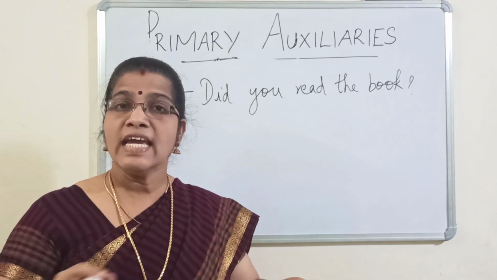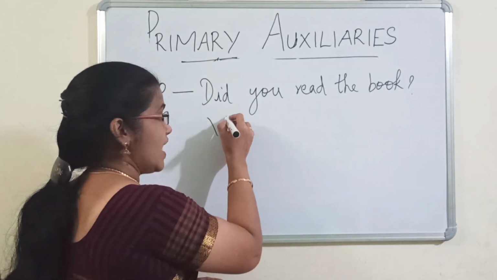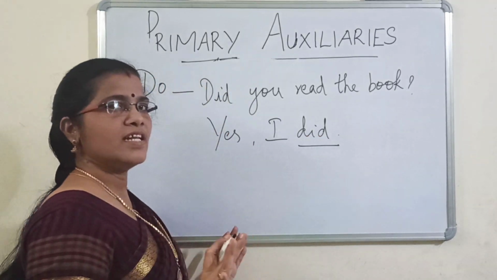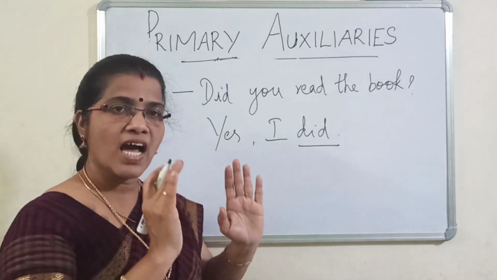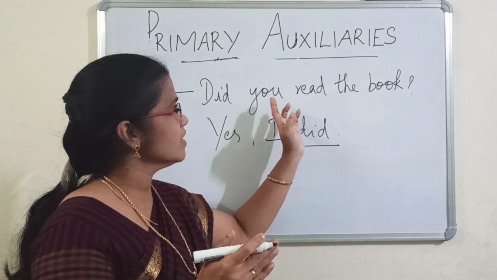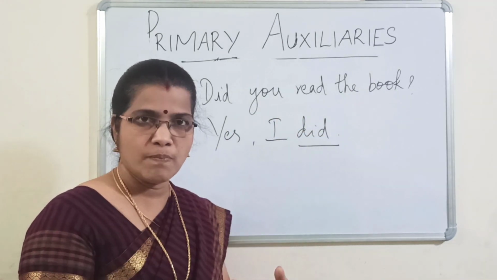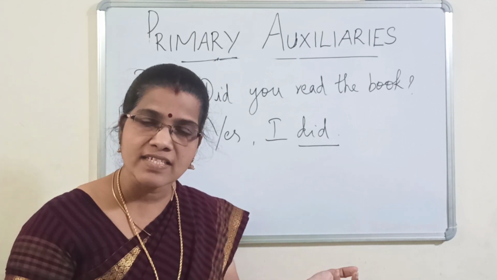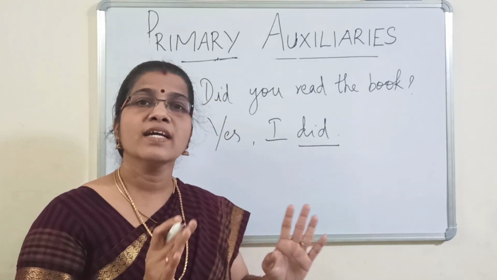Instead of using all these words, if you just say, yes, I did, that's enough. I have used did here to mean, yes, I read the book. So this stands for the entire thing. So I can avoid repetition if I say, yes, I did. Did you read the book? Yes, I did. It means, yes, I read the book. So here did is used to avoid repetition.